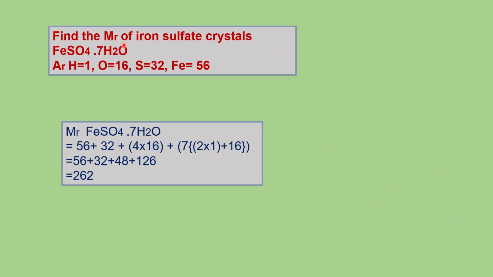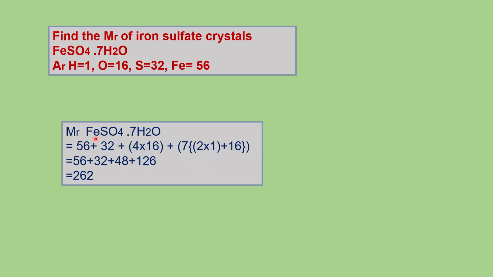Now find the relative formula mass of iron sulfate crystals. Iron sulfate crystals are bound chemically with 7 molecules of water. And this is iron sulfate, 1 iron atom, 1 sulfur atom, and 4 oxygen atoms. And we are given Ar to calculate from these.